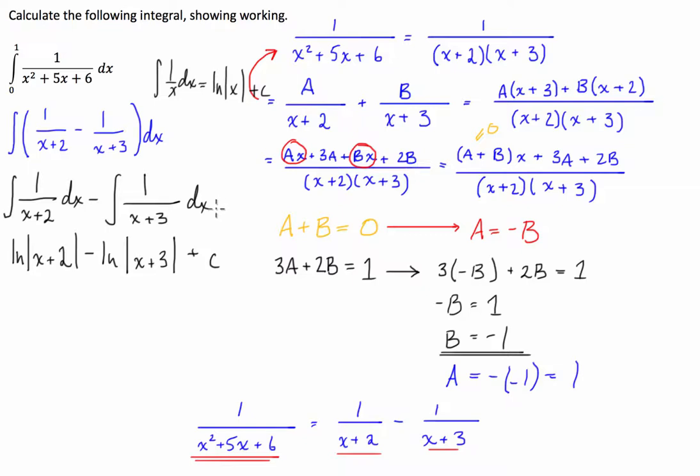So then from here, we're going to just evaluate it at our limits, 0 and 1. So we evaluate it at 1 and subtract us evaluating it at 0. Let's work with this one. We're going to evaluate this between 0 and 1.